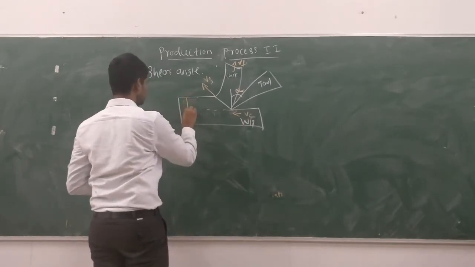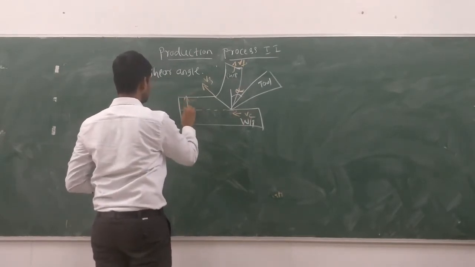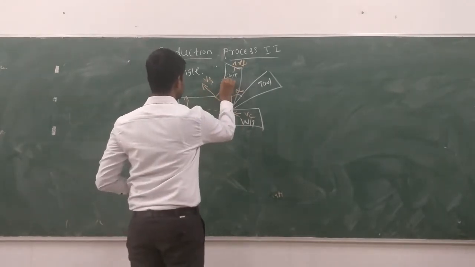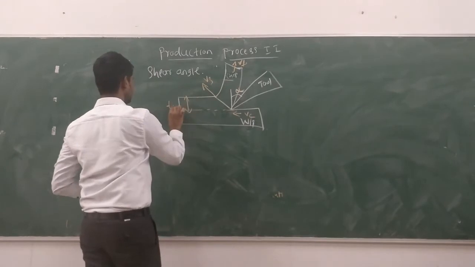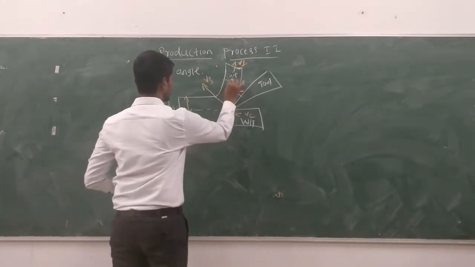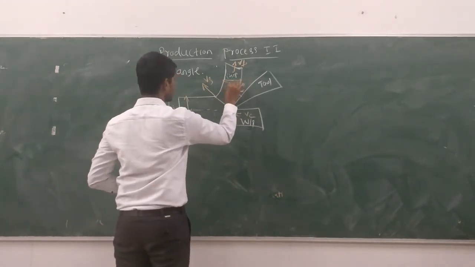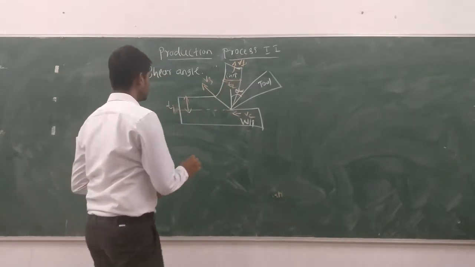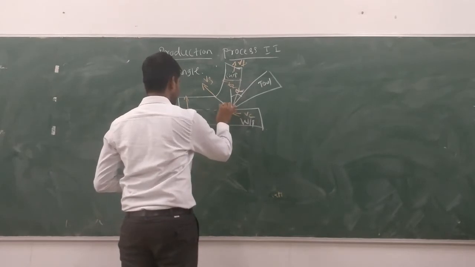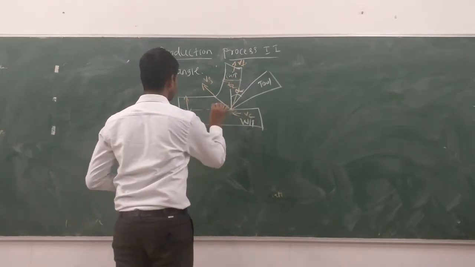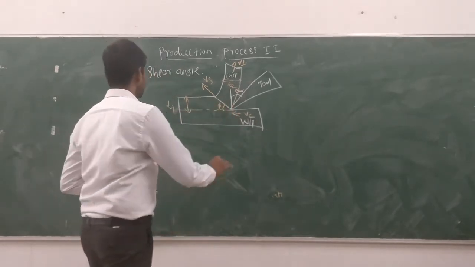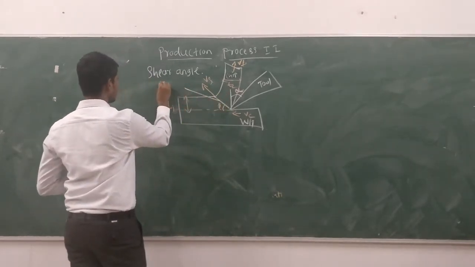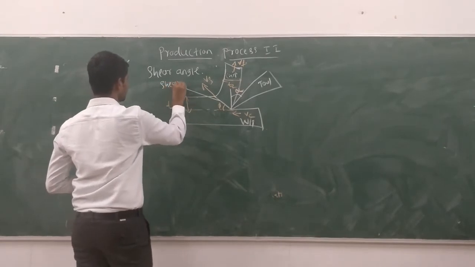This width we call T1, the uncut chip thickness, and this we call T2, the cut chip thickness. This angle we call phi, and this plane we call the shear plane.